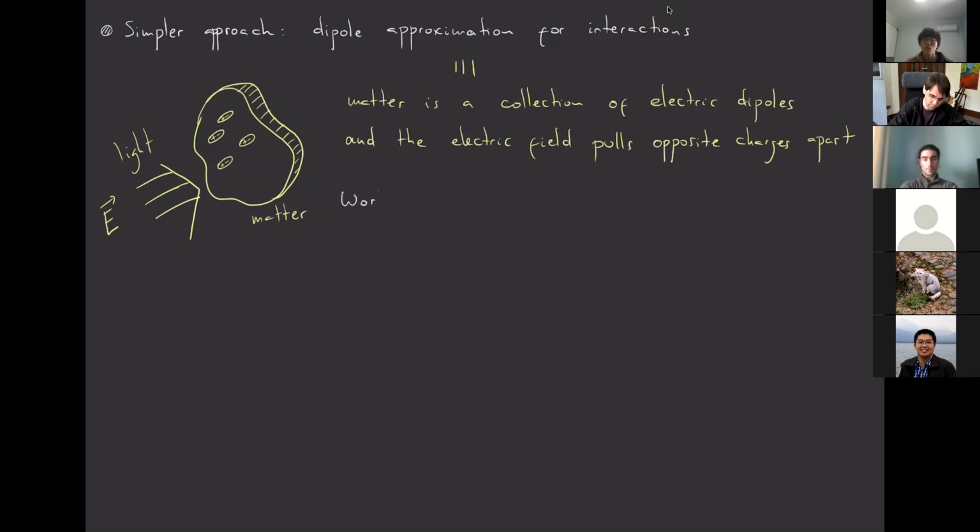So this theory works well whenever you have two conditions. The first condition is that the interaction can be treated as a perturbation.